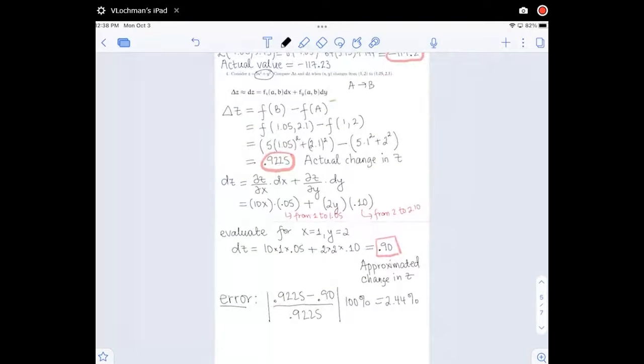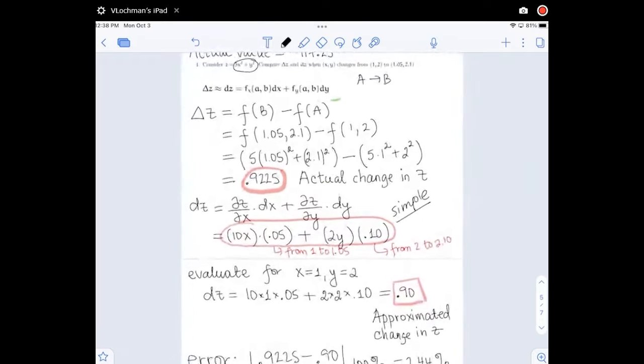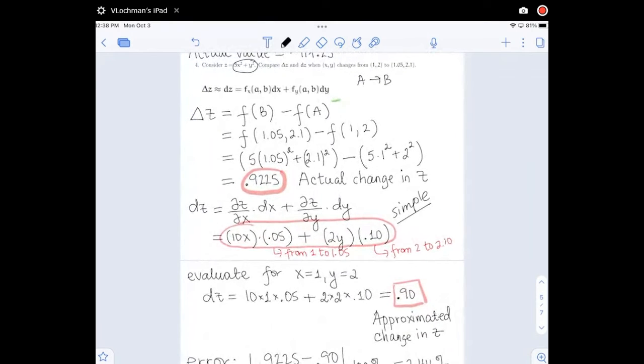But you say, what's the big deal? Why would we use it? Because this expression right here is very simple. It's easy to compute. Now, our function is not exactly complicated either. 5x squared plus y squared, that's also easy.